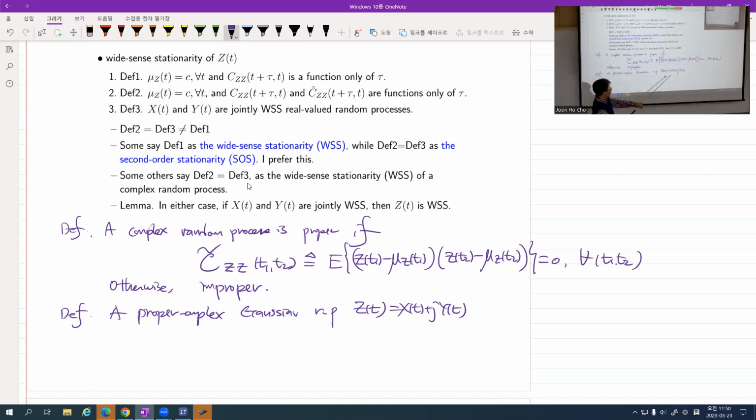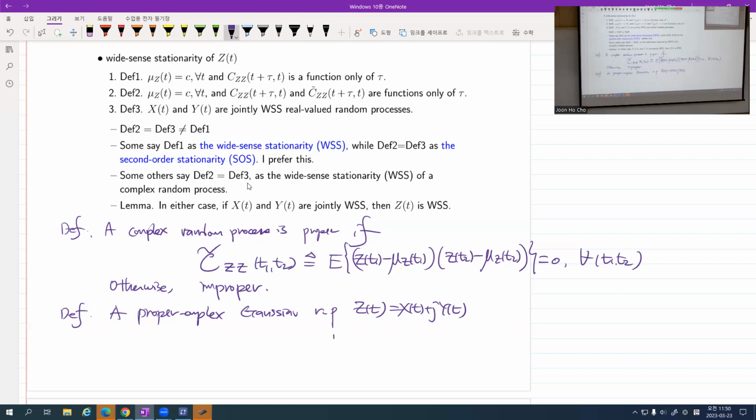So you take any m samples, any n samples, then your length m plus n vector is real Gaussian, right? That is Gaussianity. What is the propriety? Your complementary covariance function vanishes for all pairs t1 and t2. Got it?